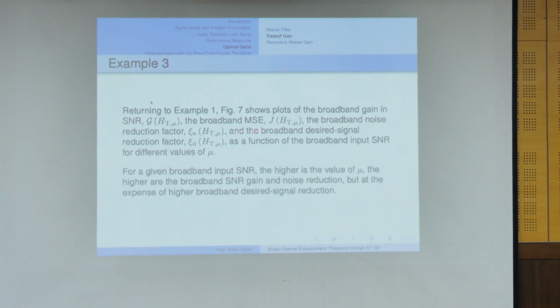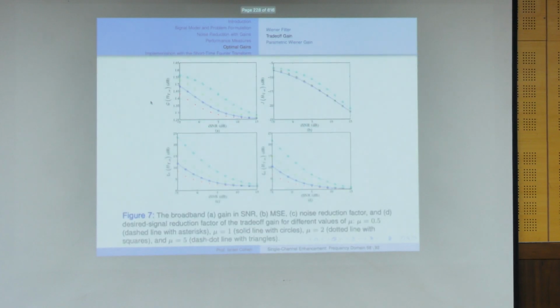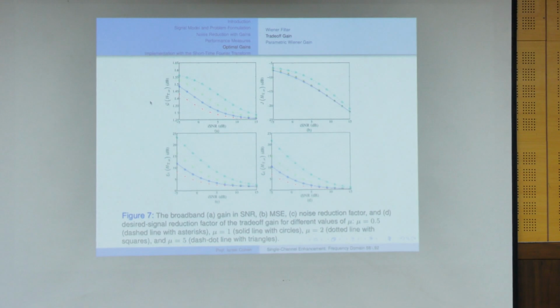Let's see plots of the gain in SNR using the trade-off filter, the MSE, the noise reduction factor, and the desired signal reduction factor for different mu. Mu equals half, 1, 2, and 5. Red is half, blue is like the Wiener, mu equals 1, then mu equals 2 and 5.